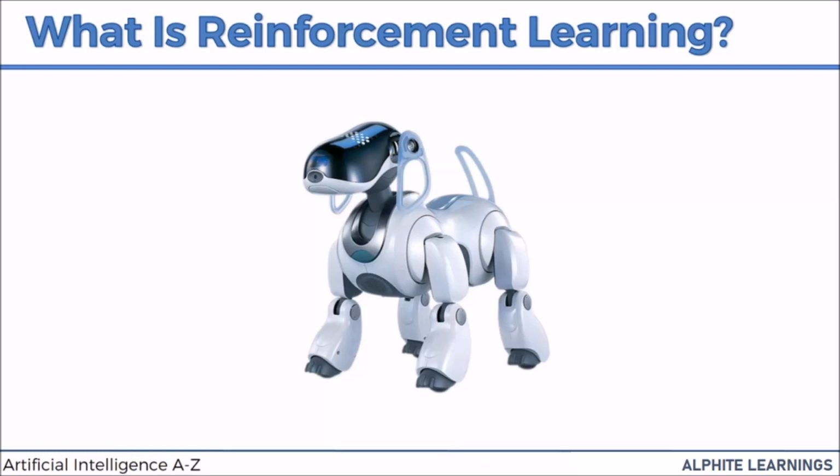Okay, eliminate that, next combination. When it gets positive feedback, it will store it: okay, fine, this is good. When I am instructed to walk, just do this. And throughout this learning process, it very quickly understands how it can walk.